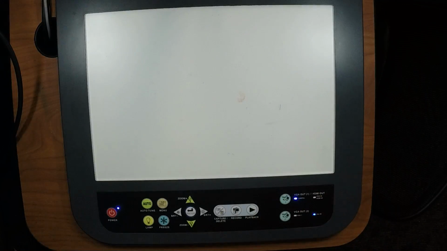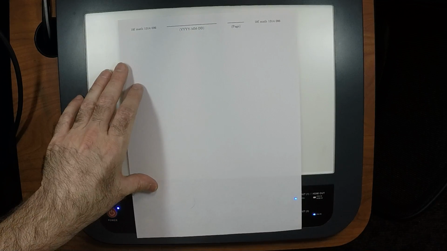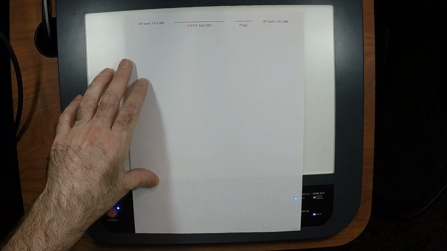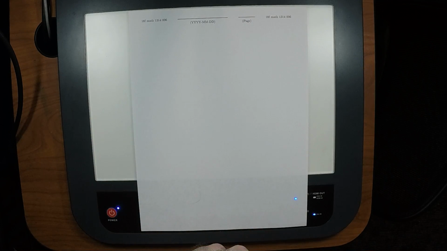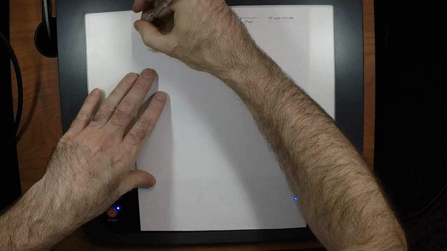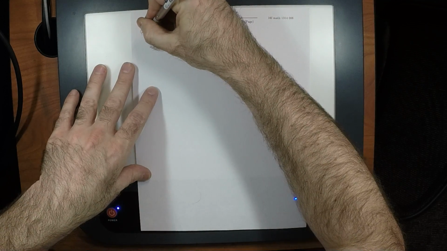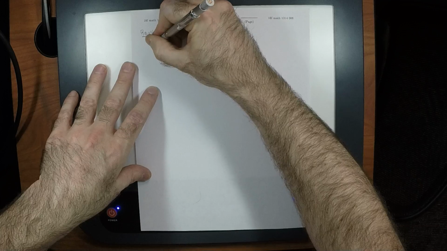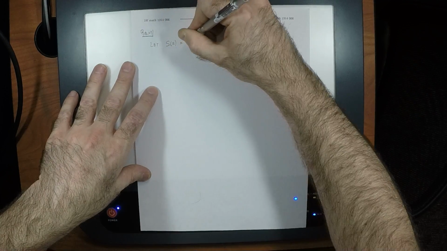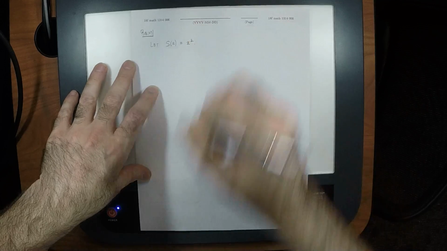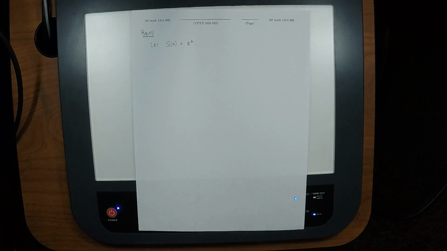Good. What about, so we drew the square root 2 pages ago. In some sense, its counterpart is the squaring function. Let's draw it. So I could say let s of x be x squared, the function which takes its input and just squares it.